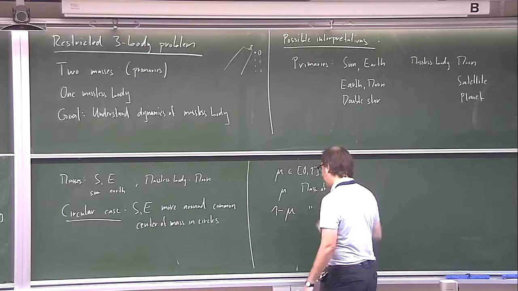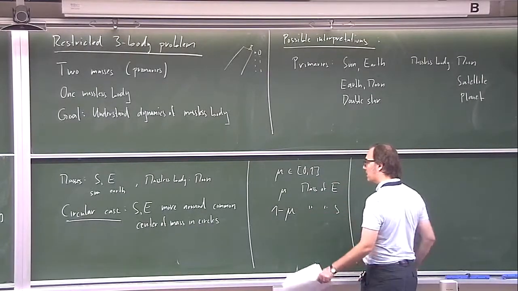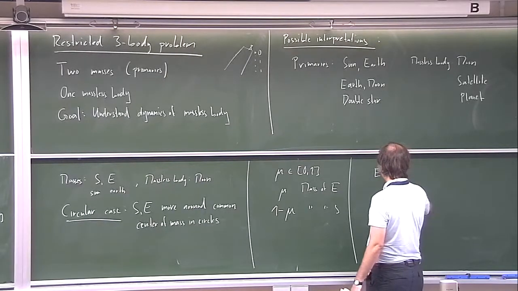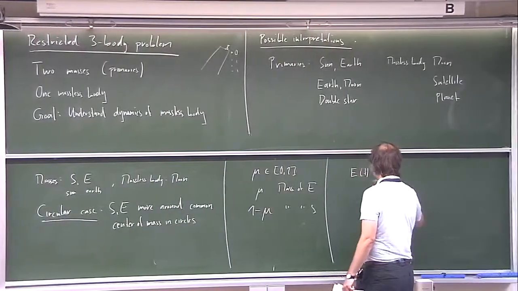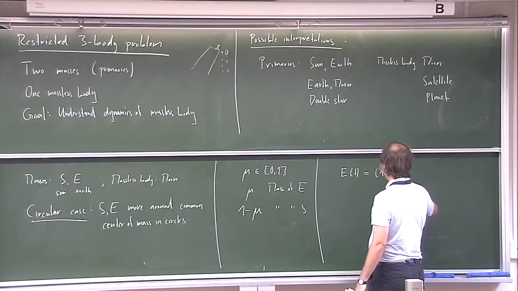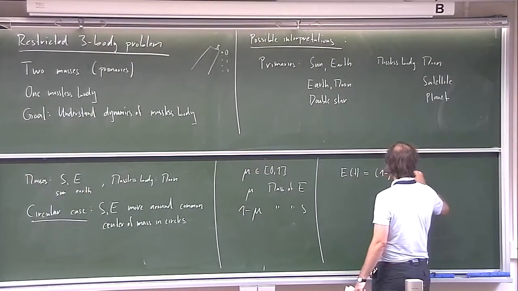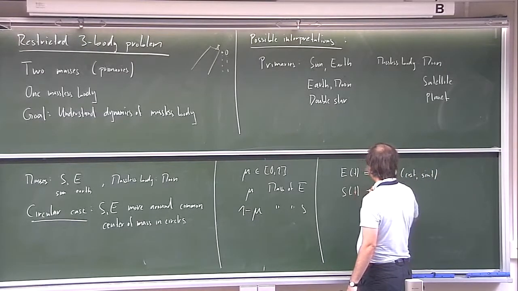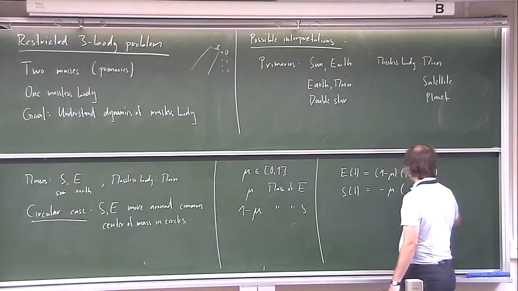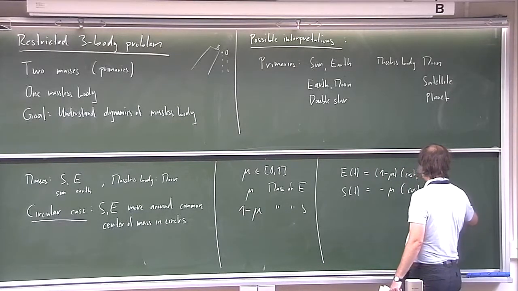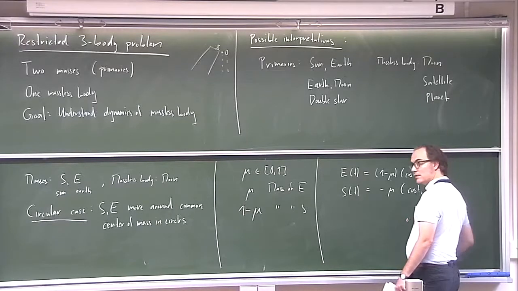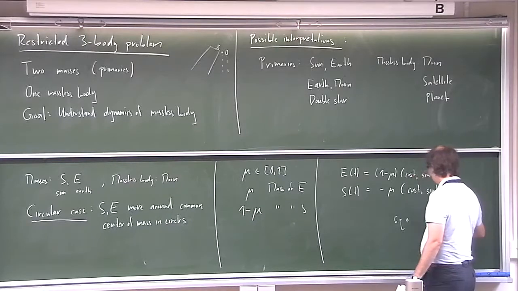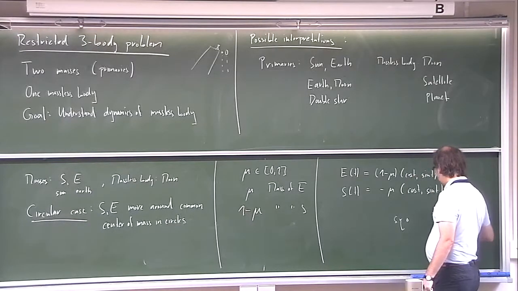And then by Kepler's law, E of t is given by (1 minus mu) (cosine t, sine t), and S of t is minus mu (cosine t, sine t). So the origin is the center of mass, and here we have the Sun like this and the Earth like this.